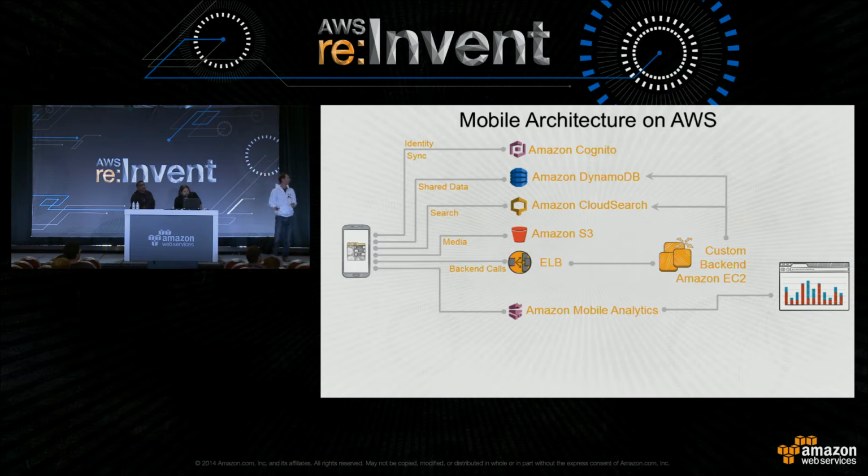But for most of the tasks, you could replace the ELB with Amazon SQS and just read out all the messages in SQS in your custom backend. In this way, your custom backend is decoupled from your mobile phone, and the mobile phone just sends the messages to SQS.